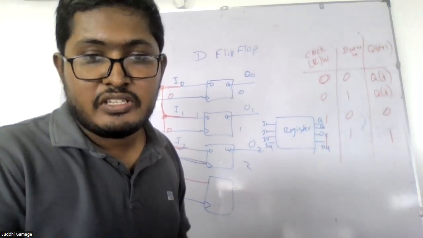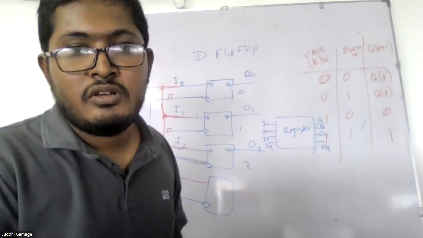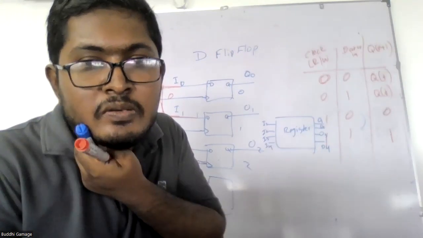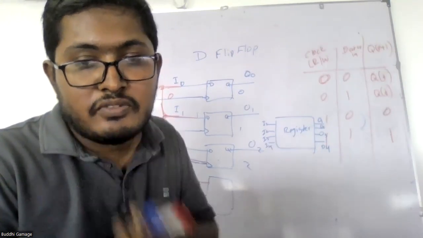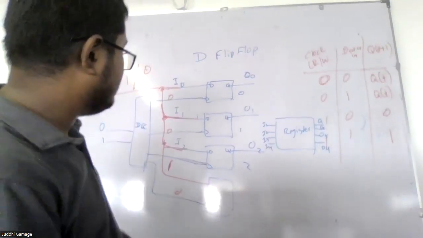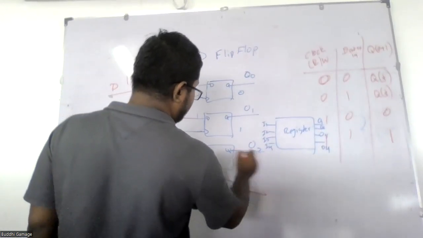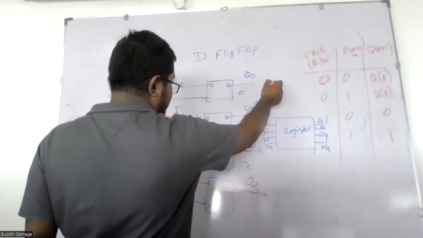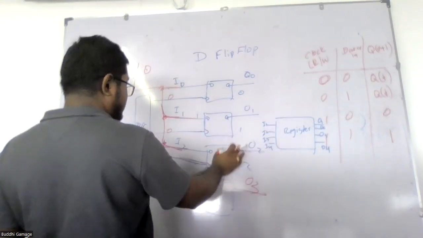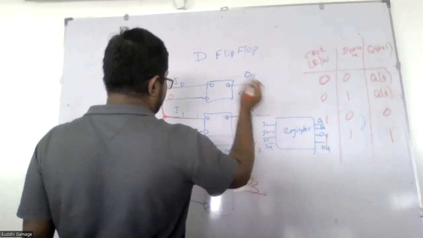For reading, there are 4 outputs, and let's say you need to select this one.